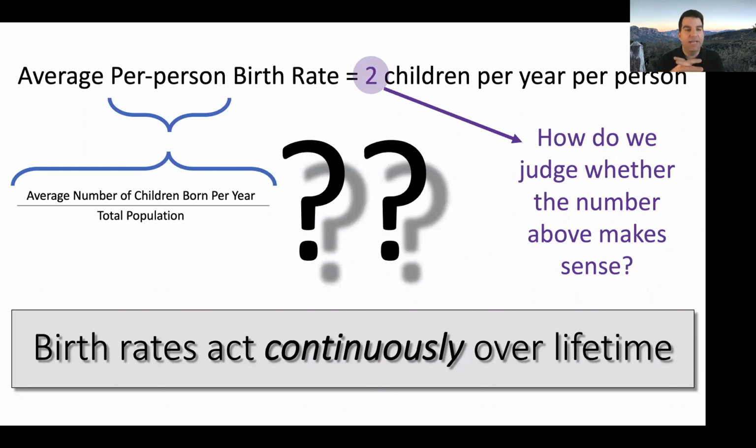And then that might say that, okay, on average, every person in the United States has an average of 2 children per year per person. I have no idea if this is the right number, I'm just putting this in here. So this would be the average number of children born per year divided by total population, and it might come out to be something like a 2 here.